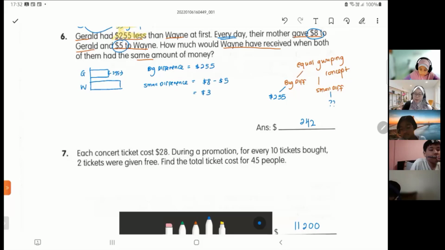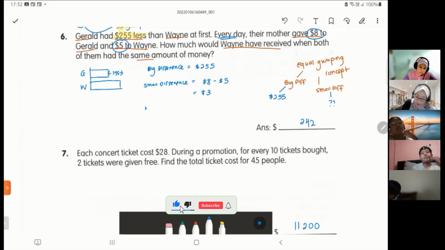Now, to find the number of days, because I want to know how much would Wayne have received. Before I can find how much, I must know how many days have passed. Every day the mother give money. But how many days have passed so that Wayne got the same amount of money, okay, with Gerald?